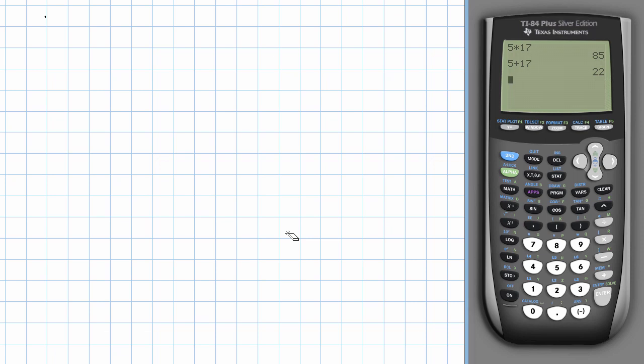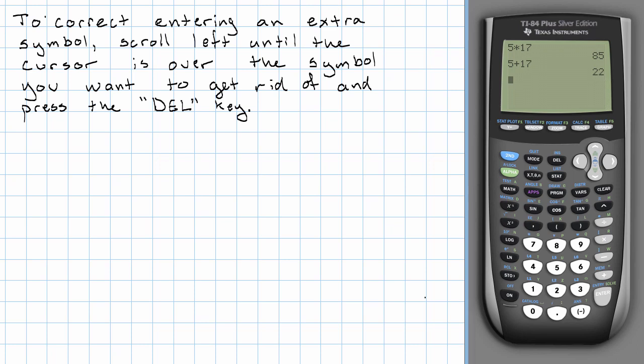We want to be able to correct entering an extra symbol, and we want to be able to correct leaving out a symbol. To correct entering an extra symbol, we scroll left until the cursor is over the symbol we want to get rid of, and then we press the DEL, which stands for delete key.